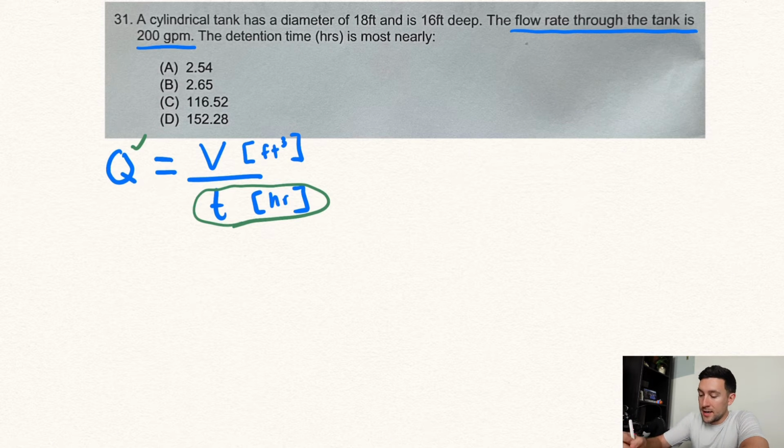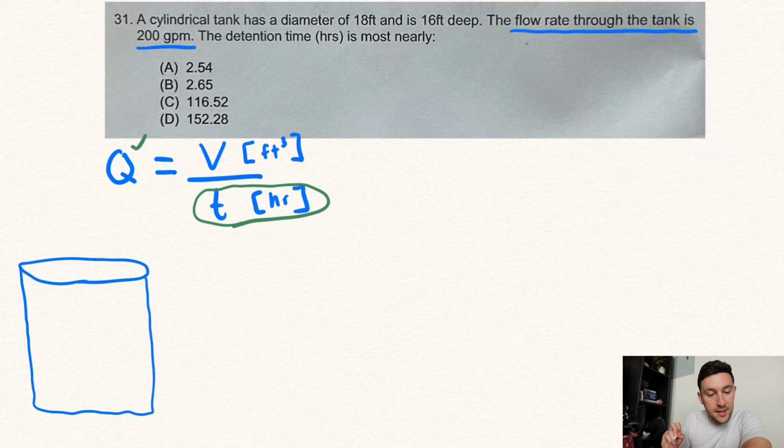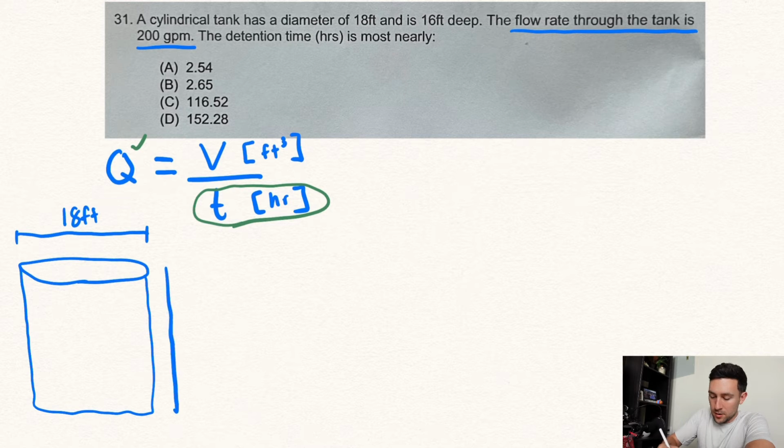So again, during the PE exam, I don't think you'll have time to draw all these diagrams, but I want to break down what you should be thinking about, just to touch on the concepts here. So here we have a tank that looks something like this, part of my drawing skills. And what is it saying? So it has a diameter of 18 feet. So 18-foot diameter.